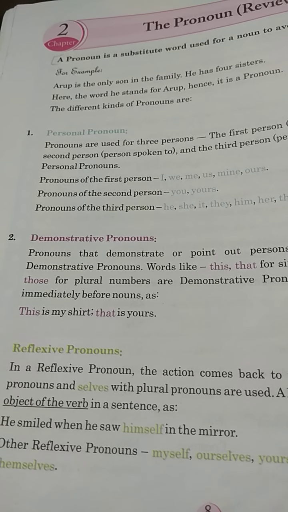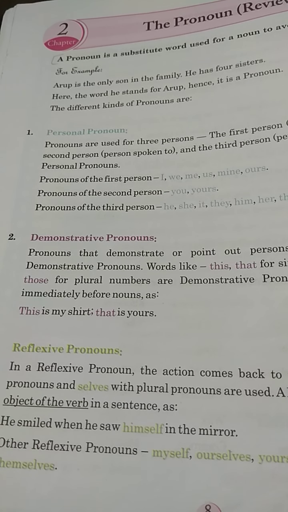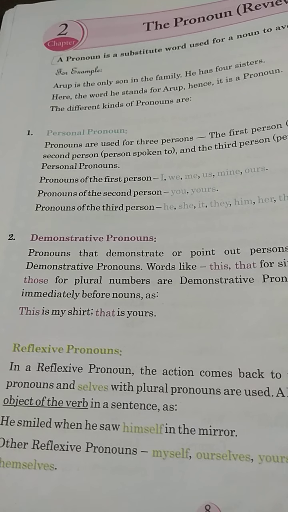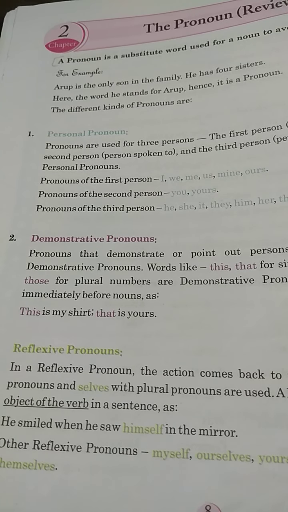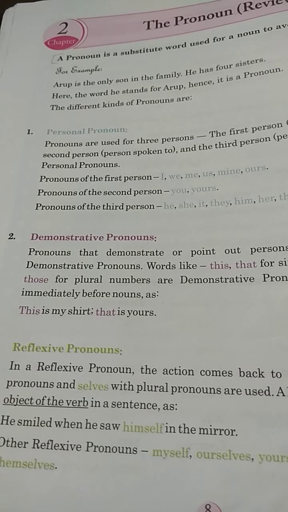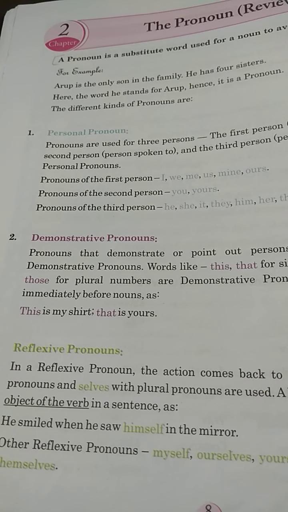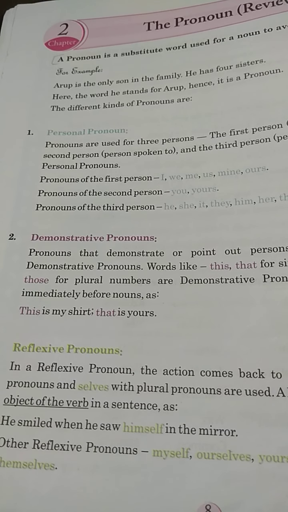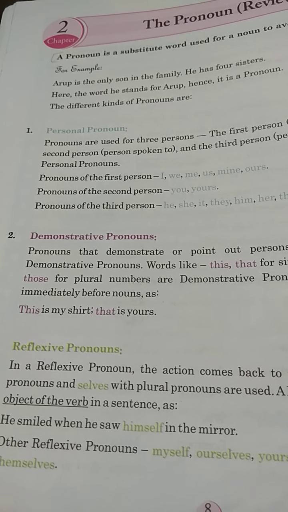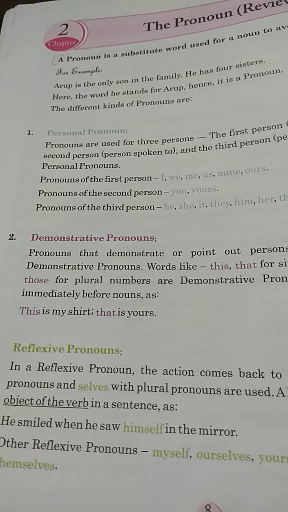Arup has 4 sisters. If I read the same sentence this way, Arup is the only son in the family. He has 4 sisters. So here the word he stands for Arup, hence it is a pronoun.